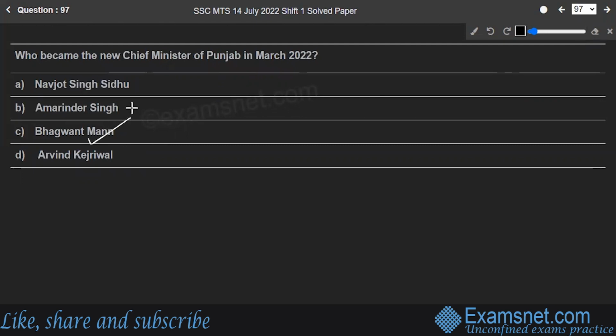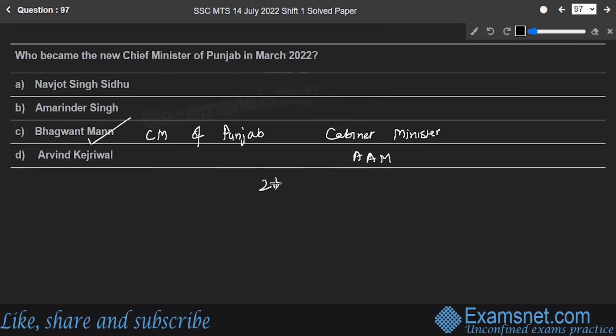Bhagwant Singh Mann is the current Chief Minister of Punjab, India. He is also a member of Aam Aadmi Party.